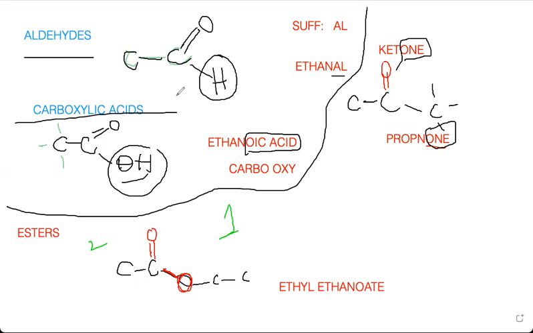Because in ester, the carbon which is making a double bond with the oxygen will make a single bond with another oxygen that has to join another carbon. If you say no, miss, ester can be there at the end of the carbon chain, let's make ester at the end of the carbon chain. This is the last carbon. You make a double bond with the oxygen, and you connect one oxygen.